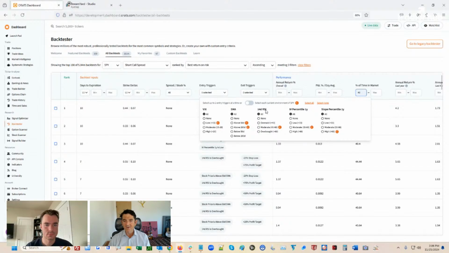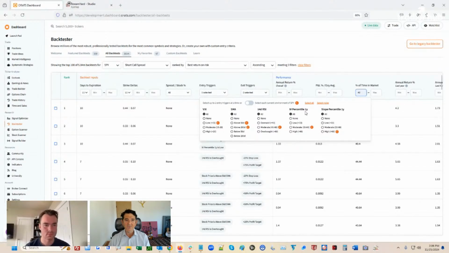We look at the RSI. It's in a moderate range for the 14-day RSI. We look at where the implied is as a percentile. So that ranges between 0 and 100. Right now it's between 33 and 66. And then we also look at the slope, which is the put values versus the call values. Those are actually quite high right now.